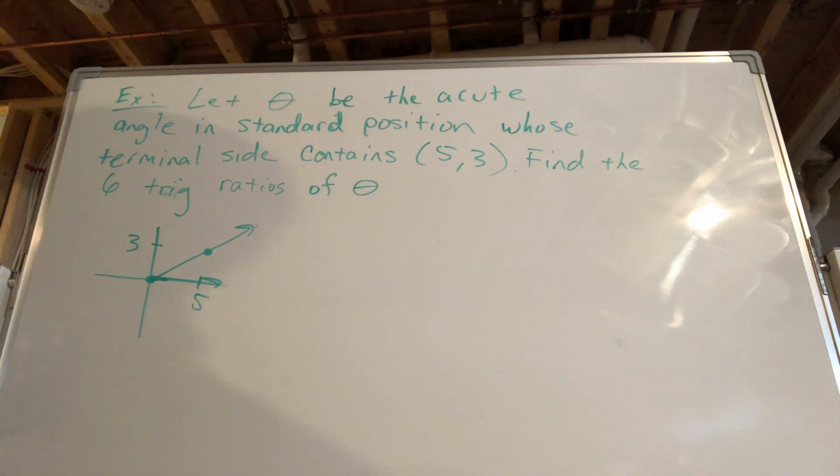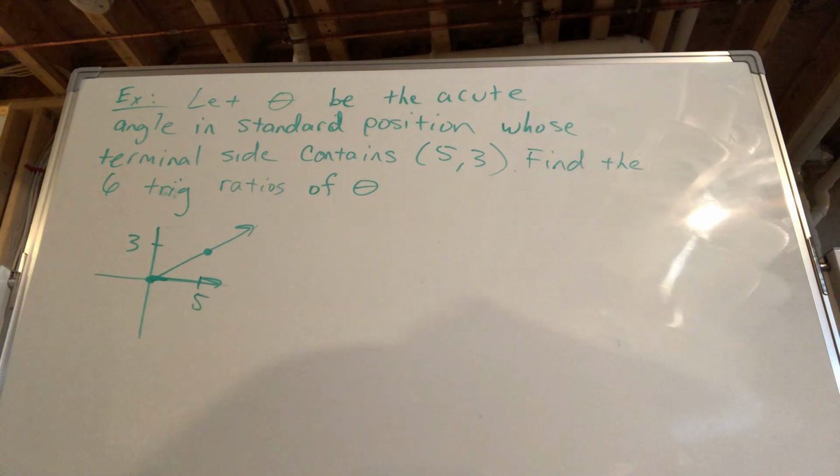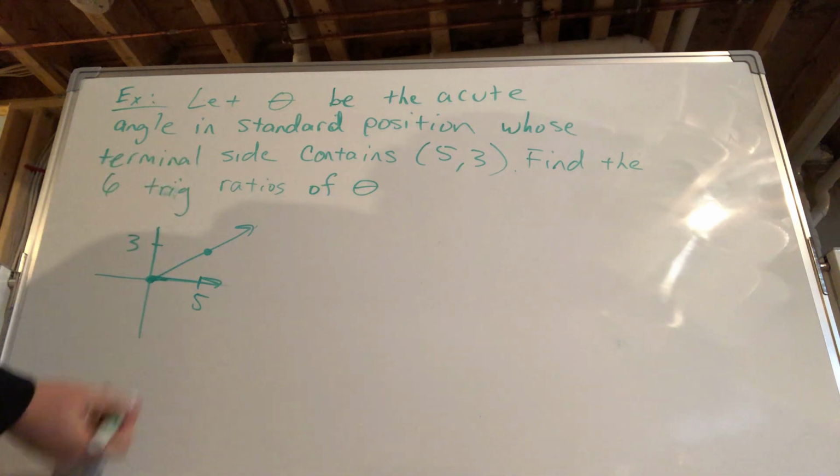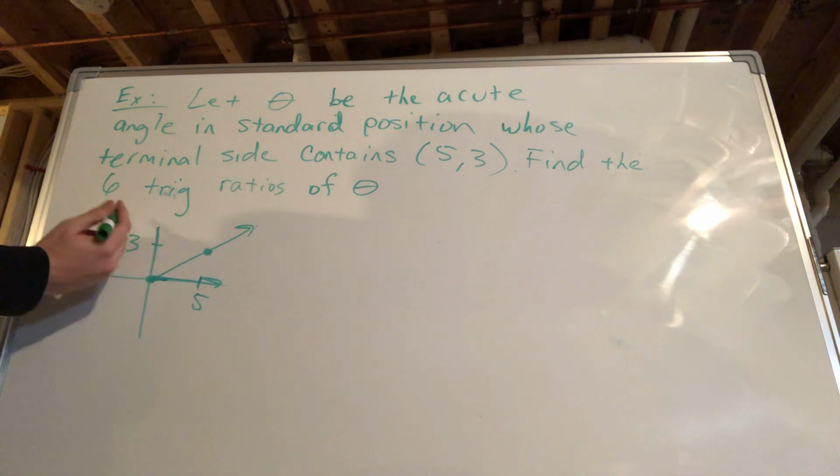So in this case, I need to draw a right triangle. Whenever you draw this right triangle, you always need to draw it from this point down to the x-axis, or depending on where the terminal side was, sometimes we draw it up to the x-axis. But you always drop this side to the x-axis, not to the y-axis, okay?